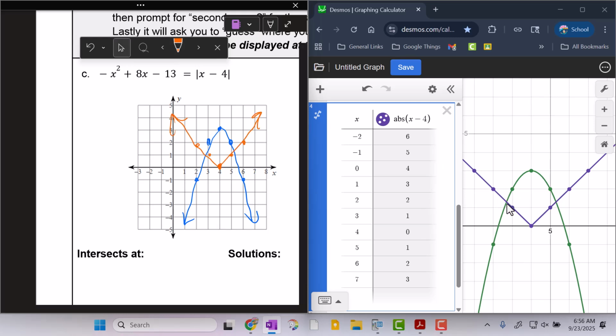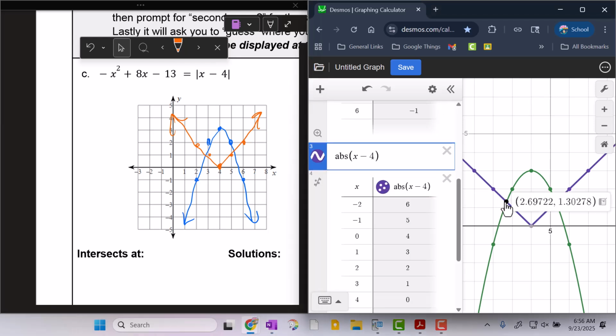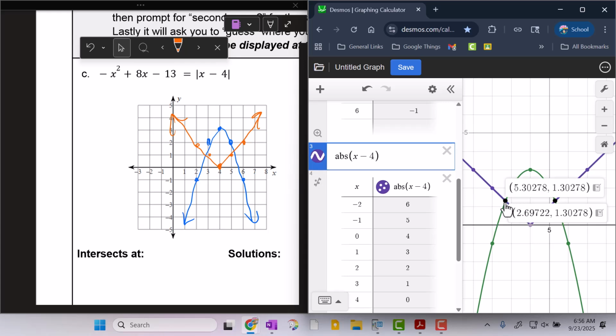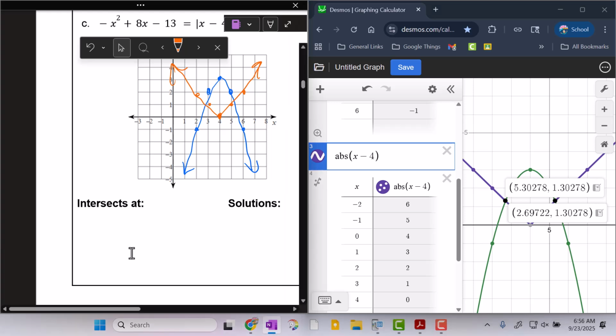Now the problem is the intersection points. Well, there's one, but I can't see it. So those are our intersection points. So we won't go crazy with the decimals. Let's just say 5.30, comma 1.30, and 2.70 and 1.30.